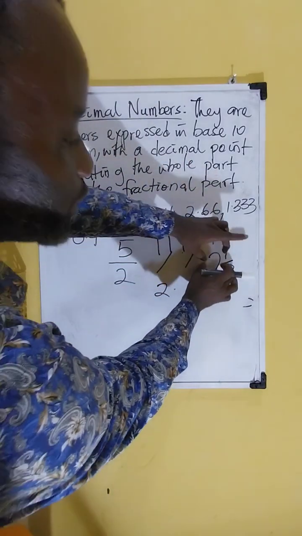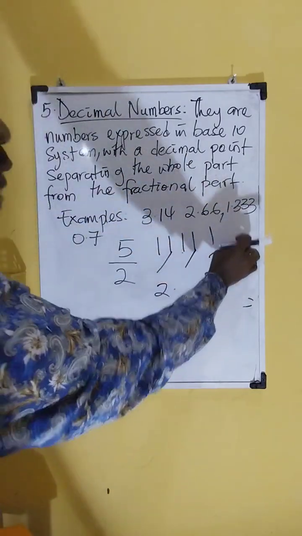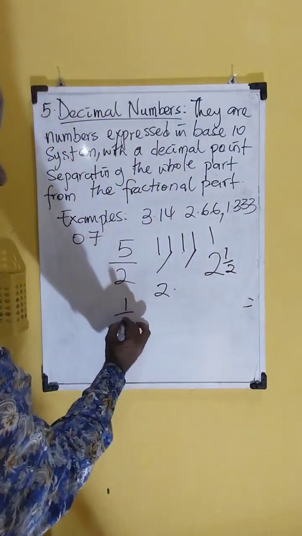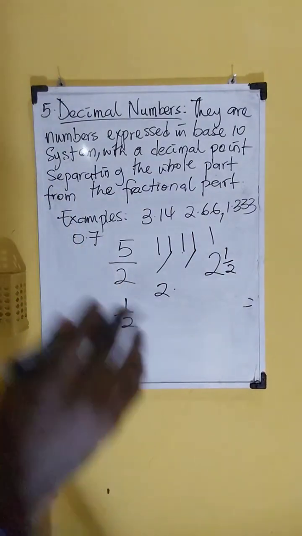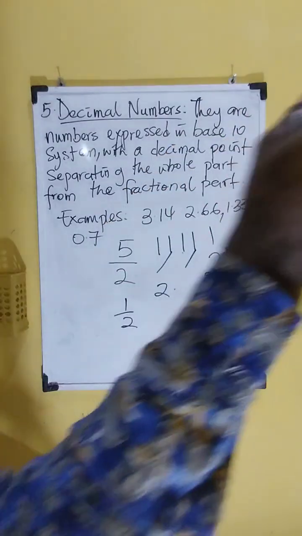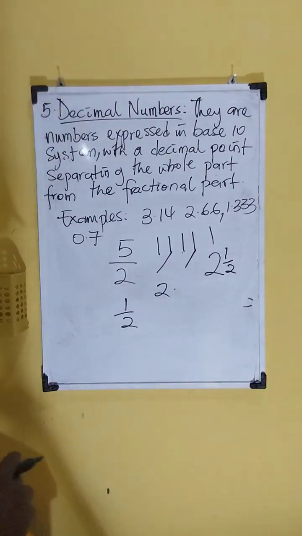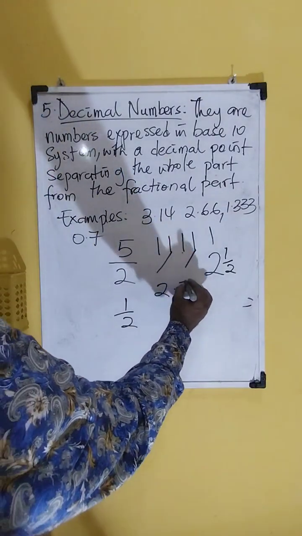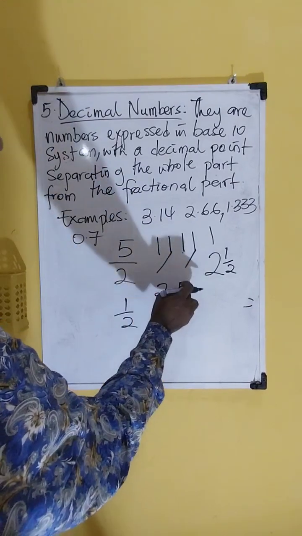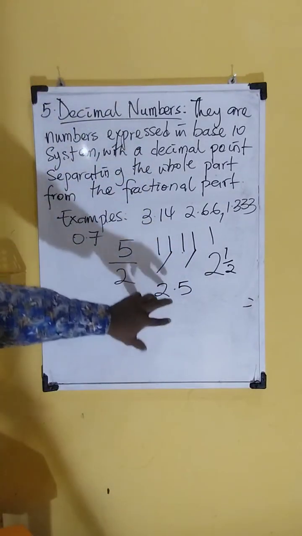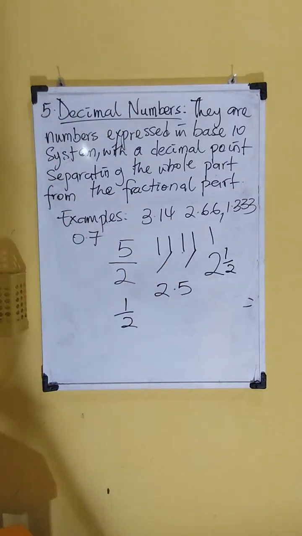So this is the whole number, you bring the whole number. What is this one now? 1/2. 1 divided by 2 is 0.5 if you punch it on your calculator. So you bring the point and you put 5. That's what a decimal number actually means.